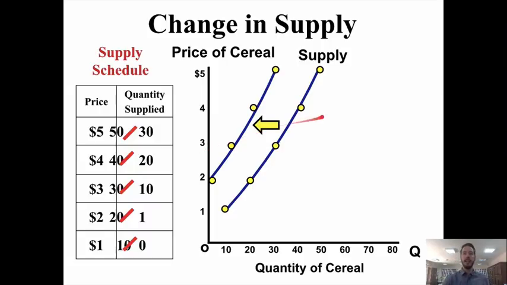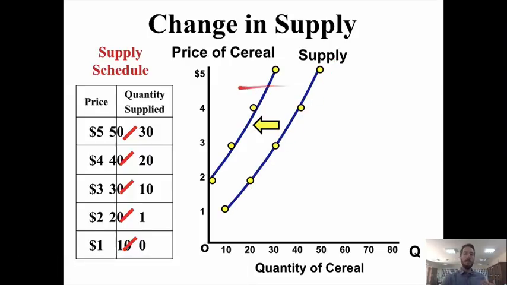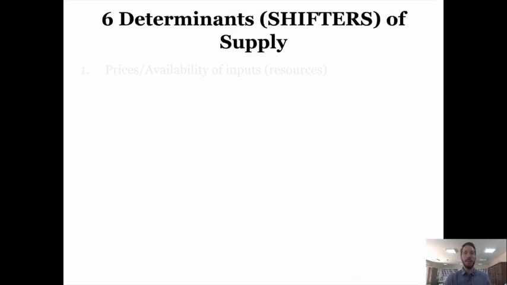It's not going to follow this original curve. Because you don't have as many materials, you can't put as much cereal out at any particular price. We would call that supply line 2. So the prices didn't change, but there is less cereal being produced.